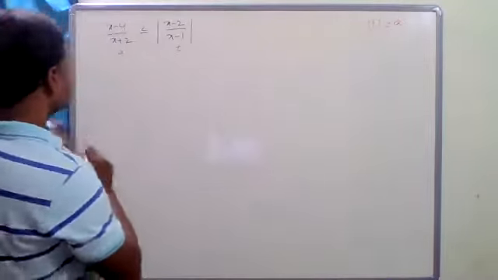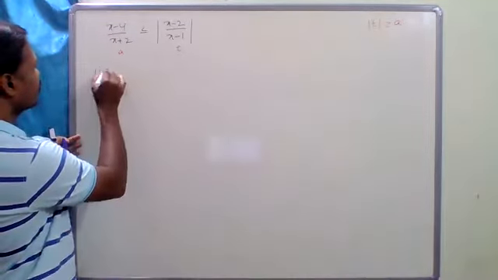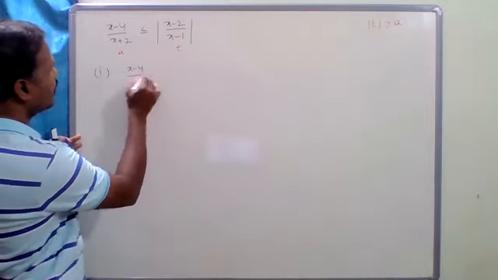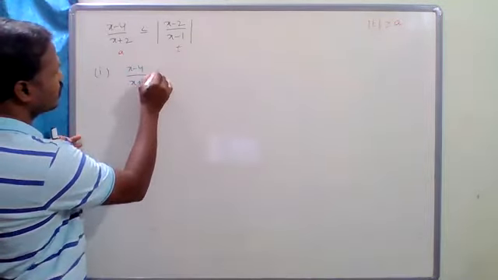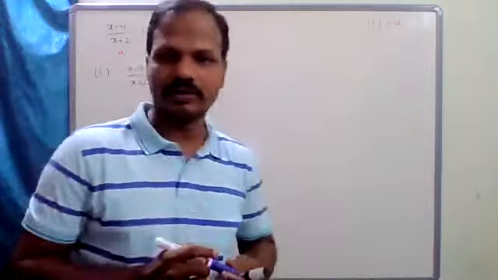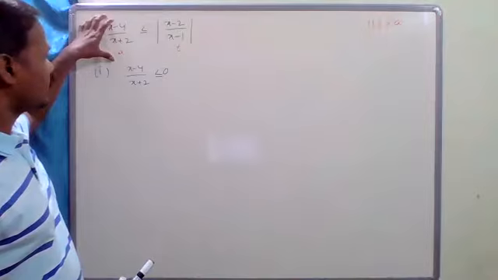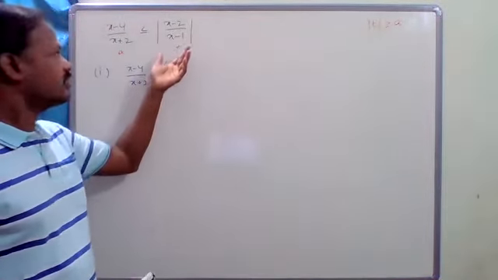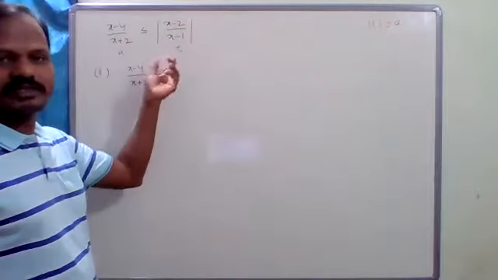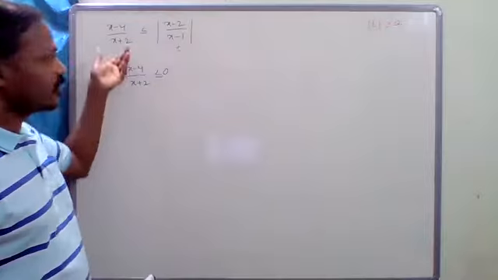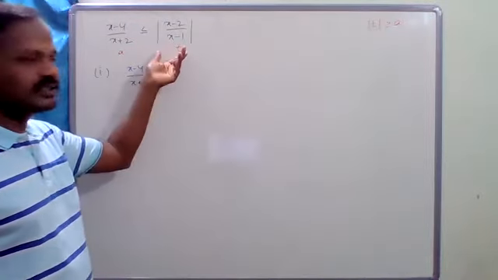First case: (x minus 4) by (x plus 2) is less than or equal to 0. For those values of x, this condition will obviously be satisfied, because it is in modulus, so it is always positive. It is negative for those x values, but the modulus is positive.